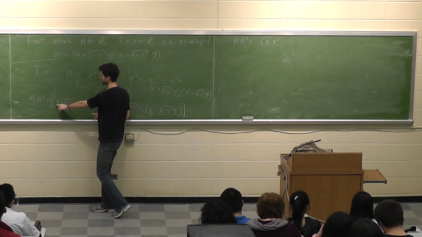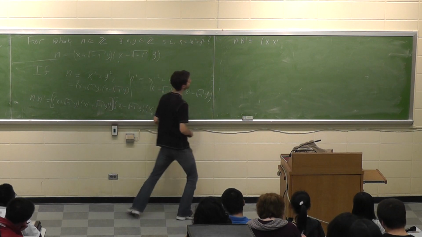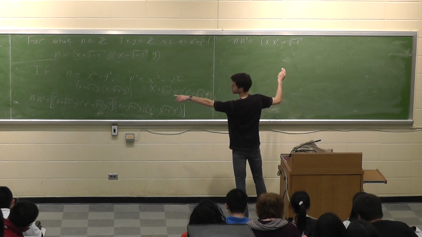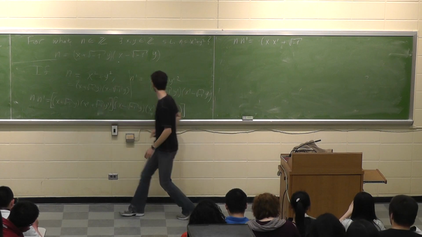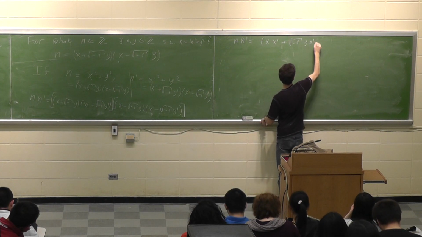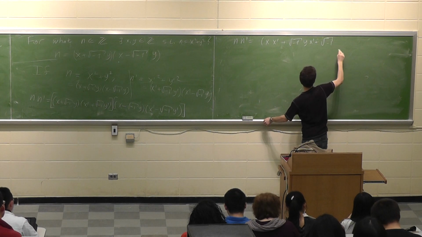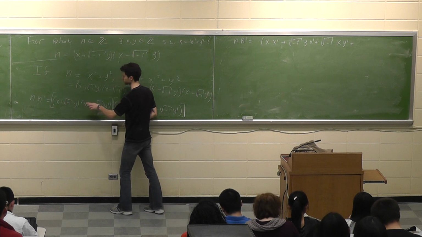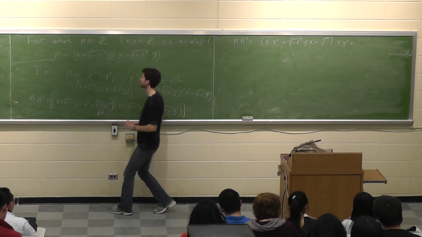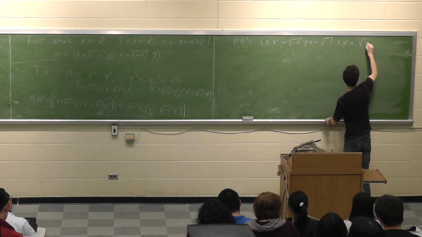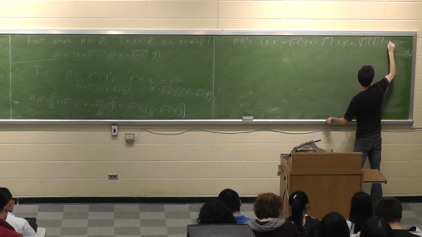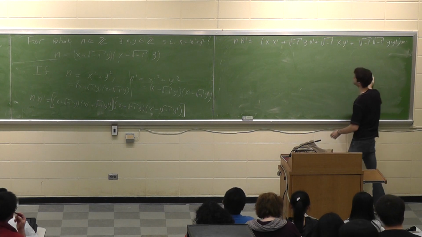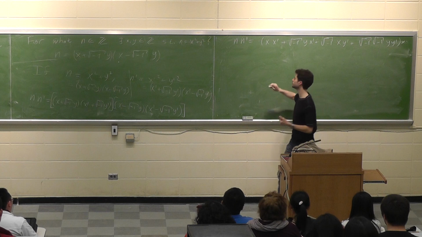I open the brackets here: x times x prime, plus square root of minus 1 times y x prime, plus square root of minus 1 times x times y prime, plus square root of minus 1 times square root of minus 1 times y y prime. And then times the same thing with square root of minus 1 replaced by minus sign.